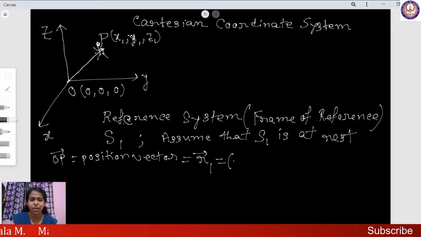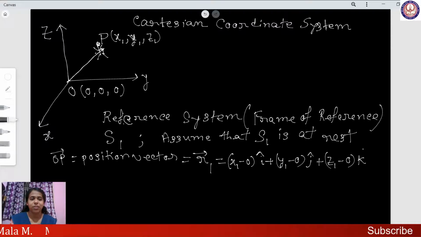It will simply be the coordinate of P minus the coordinate of O. That means (x1 minus 0) times the unit vector i along the x-axis, plus (y1 minus 0) times j along the y-axis, plus (z1 minus 0) times k along the z-axis. This will simply be x1 i plus y1 j plus z1 k.